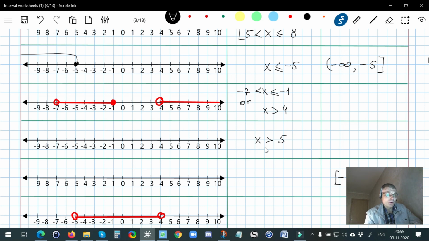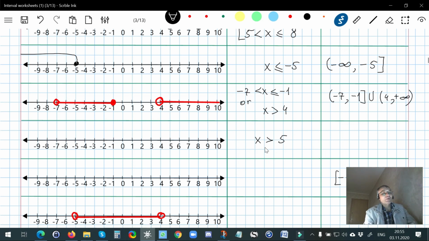As for interval notation, I have to use this and sign. The first part is from -7 open to -1 closed, unified together, and from 4 open to plus infinity. That's it.